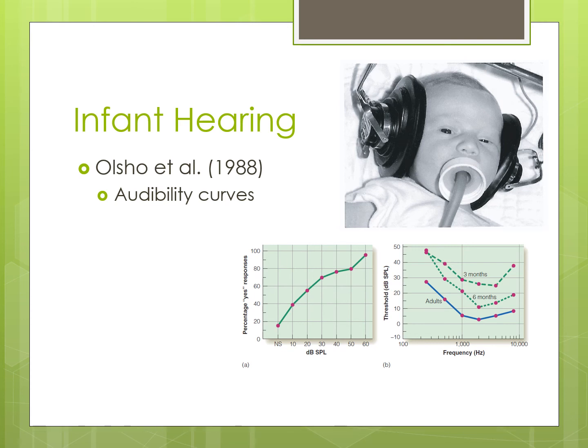But they can hear a range of sounds, and their audibility curve has a similar pattern as adults, especially as we move into about 6 months old. At 3 months old, you can see that they're even worse at high frequency sounds than adults are.